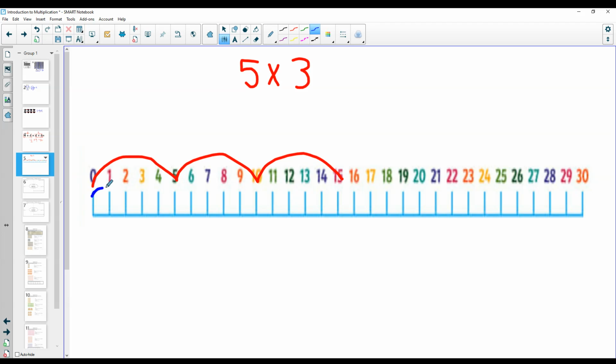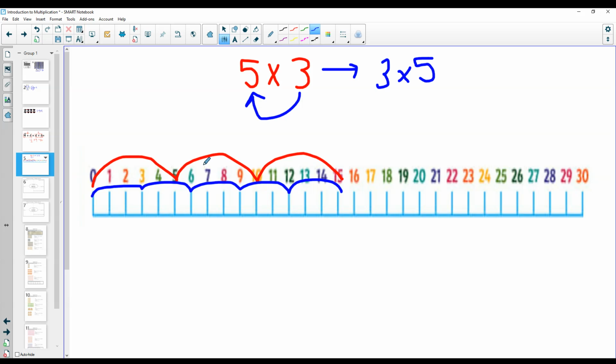Watch the difference. 3, 6, 9, 12, 15. This time we counted by 3s, but we did 5 hops. So you can go the different way. You can do the turnaround fact. You can do 3 times 5 or 5 times 3. That's called the commutative property, when you can turn the facts around.